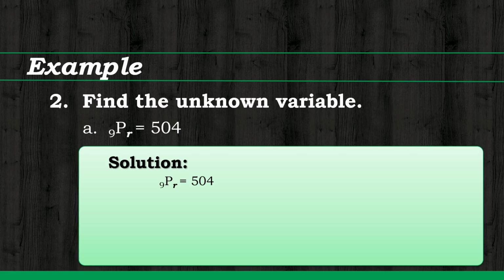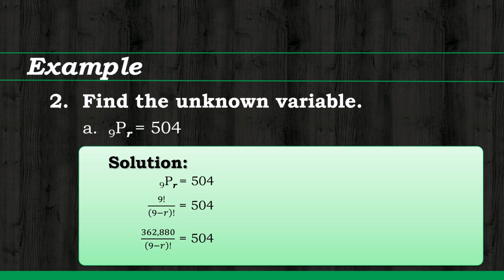By looking at the given, we already know that n is equal to 9, and we have to look for the value of r. So let's substitute 9 to n in the formula. So we will have 9 factorial divided by 9 minus r factorial equals 504.